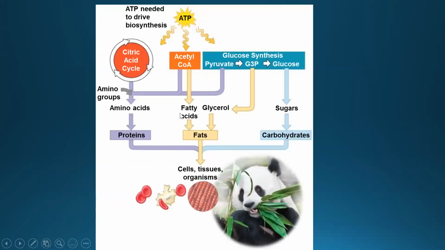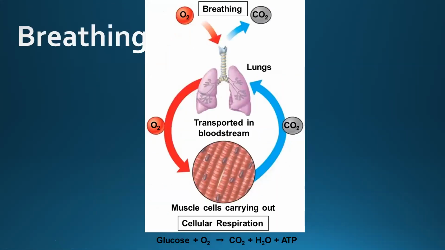All right, so you can see all of the ATP that we produce are going to drive the synthesis reactions. So all the synthesis reactions that occur in an organism, we need ATP for it. Okay, respiration, breathing. On the main level, for example, the organism level, take in oxygen, okay?